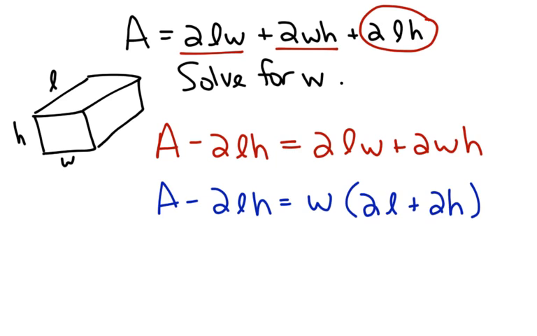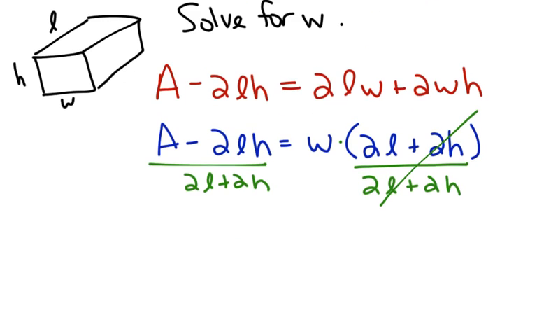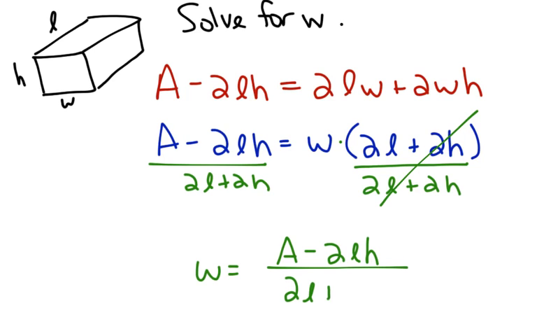Now that I got rid of this, it is W times the quantity 2 times length plus 2 times height. I can get rid of that by dividing both sides by that expression. So this goes away, and I'm left with the width being equal to the area minus 2 times length times height, divided by the expression 2 times length plus 2 times height.